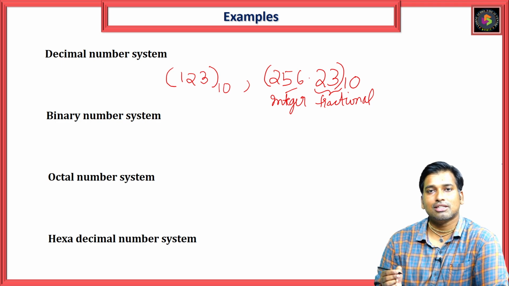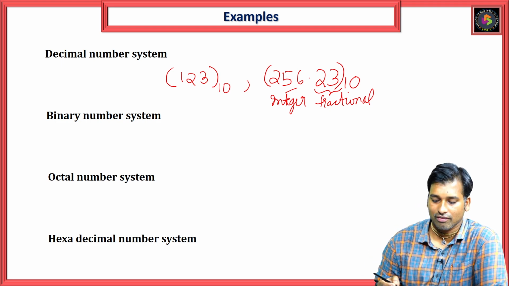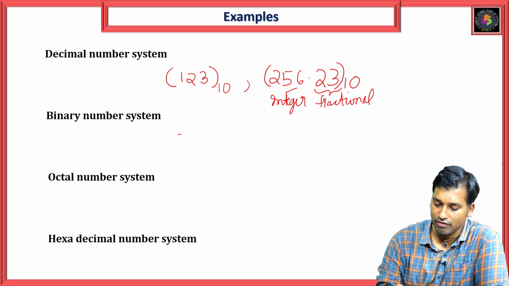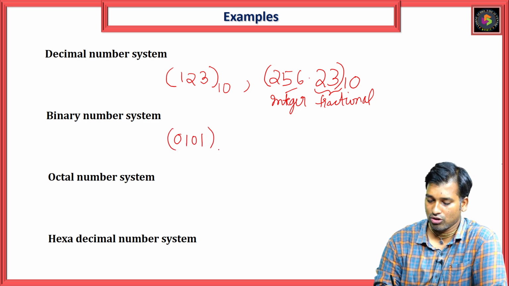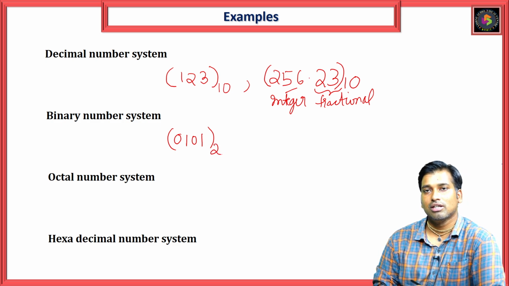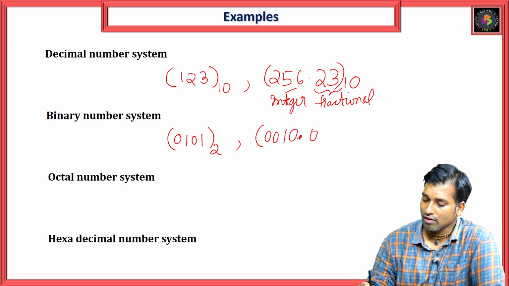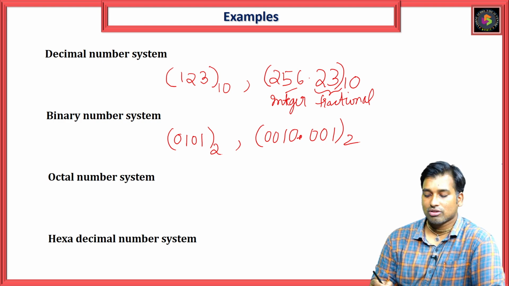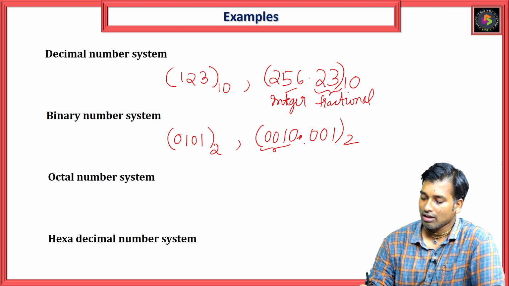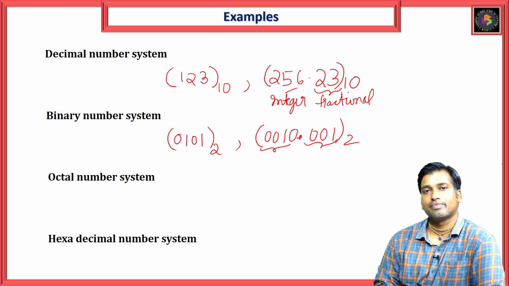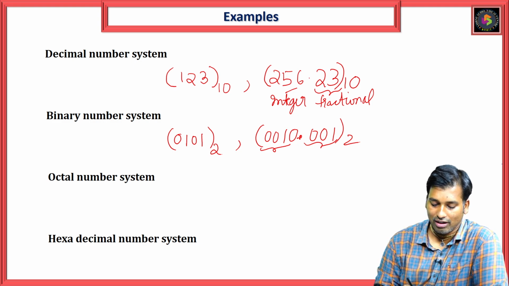Similarly, binary number system is the combinations of zeros and ones. How this is represented? Let us take small example, 0101. This can be represented as base 2 since it is a binary number. This can also have both integer as well as fractional part, 0.001 base 2. So it also contains both integer part as well as the fractional part. Now we can also see the same way octal number.